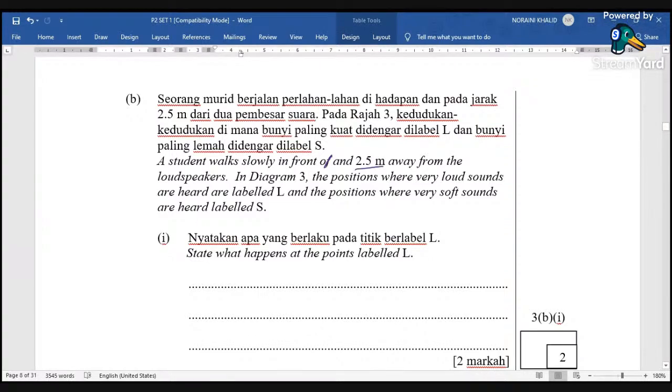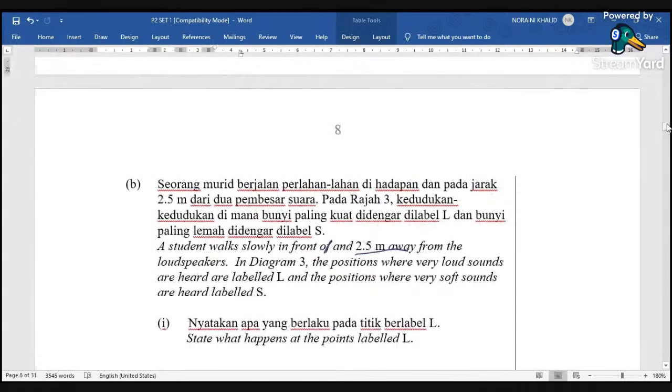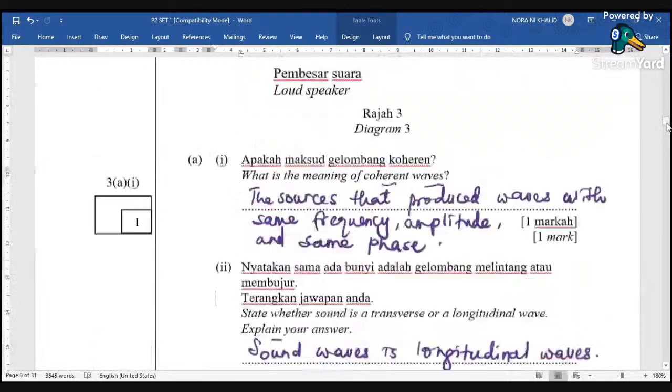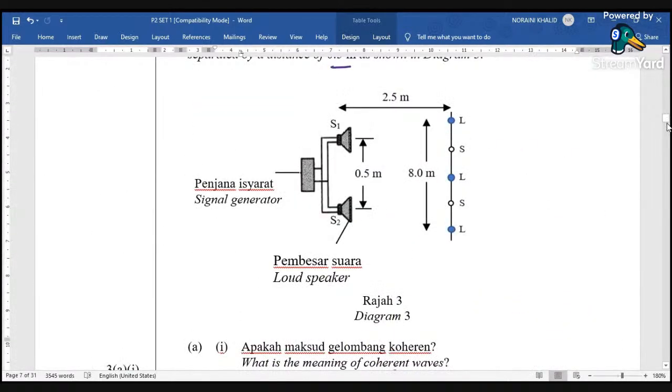Okay, 2.5 meter away from the loudspeakers. In diagram 3, positions where very loud sound is heard are labeled L, and positions where soft sound is heard are labeled S. You can check the diagram again. Loud and soft sound alternate from here.